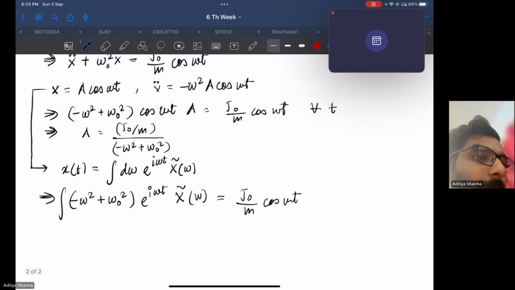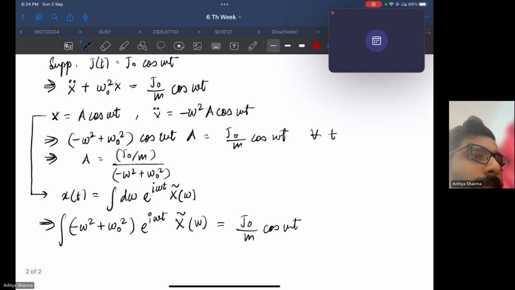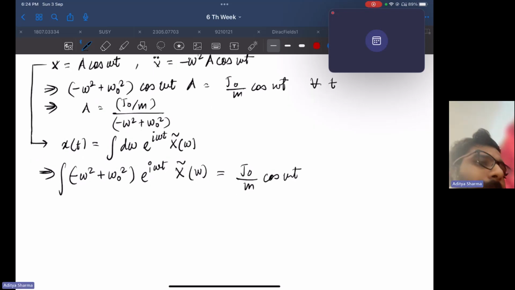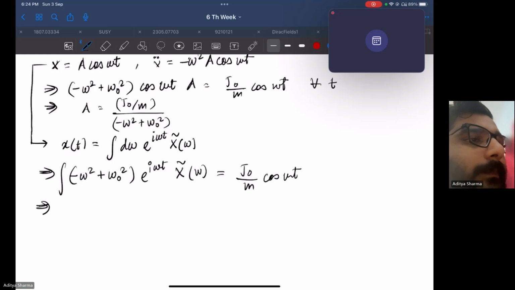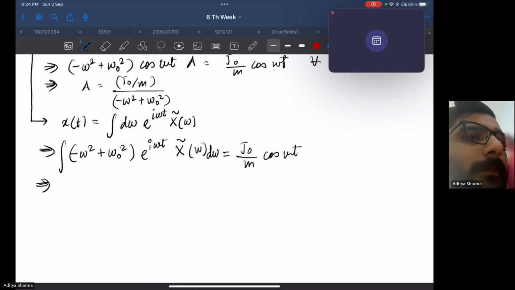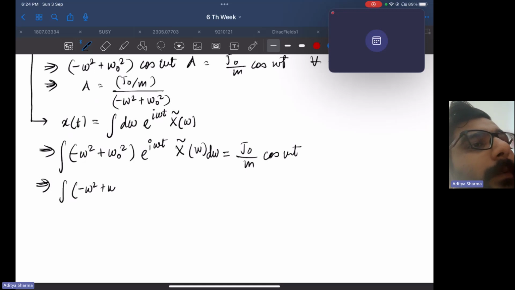Is it right? Now I'm going to say this is true for all omega t, but first I have to bring it inside the integral d omega.